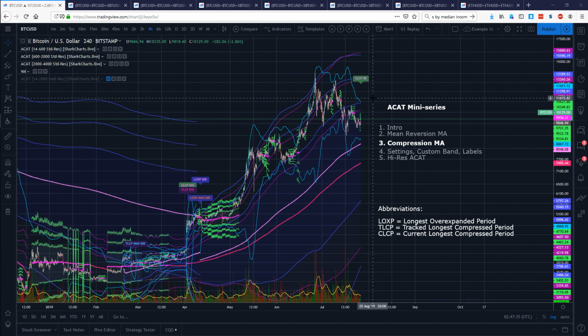It gives a lot of good information to use in parallel with mean reversion moving average, because it's giving you information about what's happening at the same time that you're really nowhere close usually to a pivot as defined by the longest overextended period.